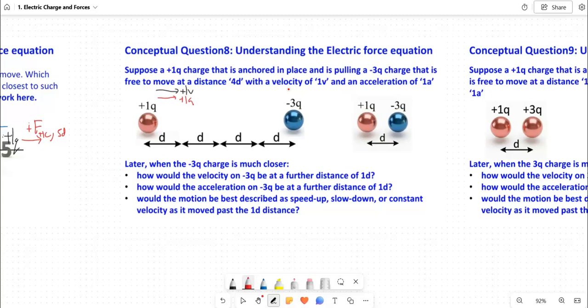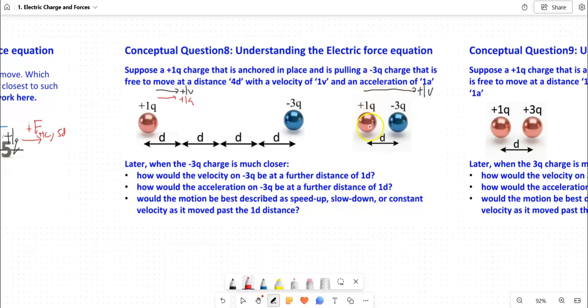They would be attracting each other with the same force, and they would also be accelerating and moving towards each other. And whenever you have a velocity vector and acceleration pointed in the same direction, you are speeding up. And by the time they get close enough here, this positive 1q charge's velocity vector would have gotten way bigger.